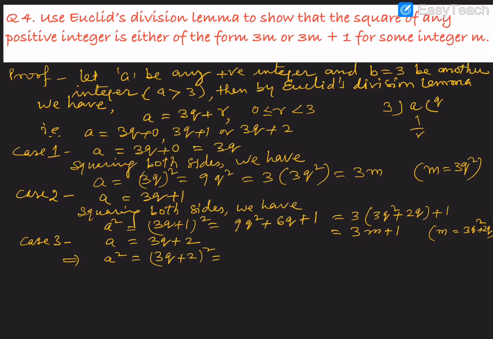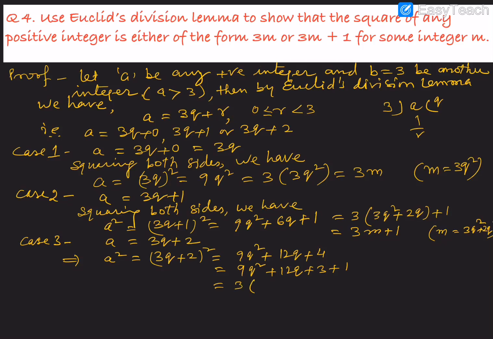Applying the identity of a plus b whole square, we get 9q square plus 12q plus 4, which can be expressed as 9q square plus 12q plus 3 plus 1, because we have to make the structure of the result as either 3m or 3m plus 1.